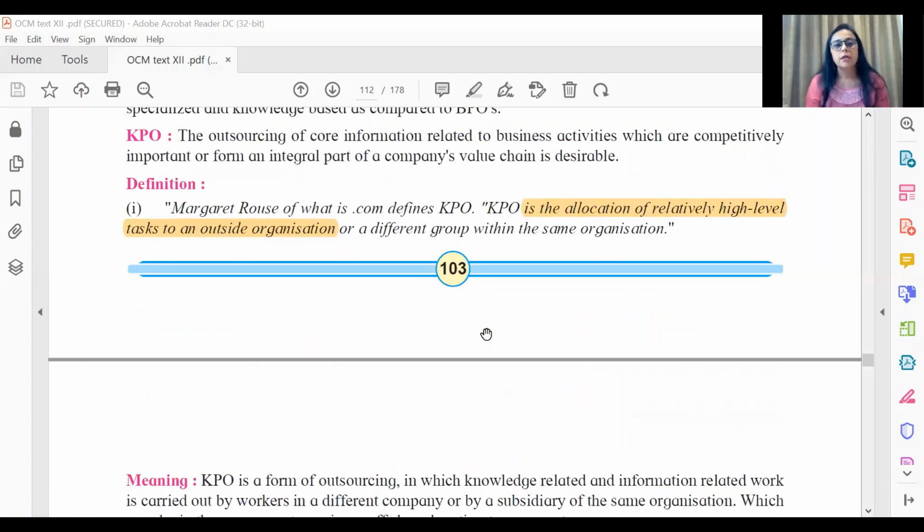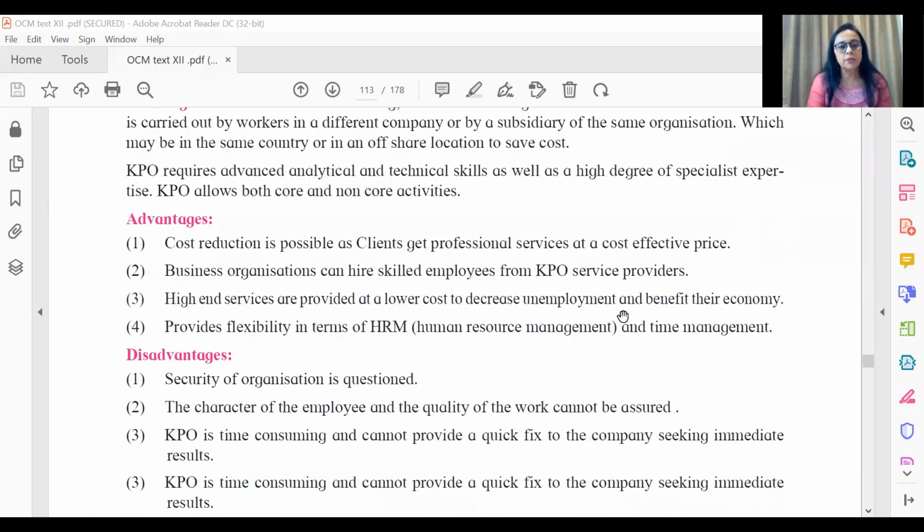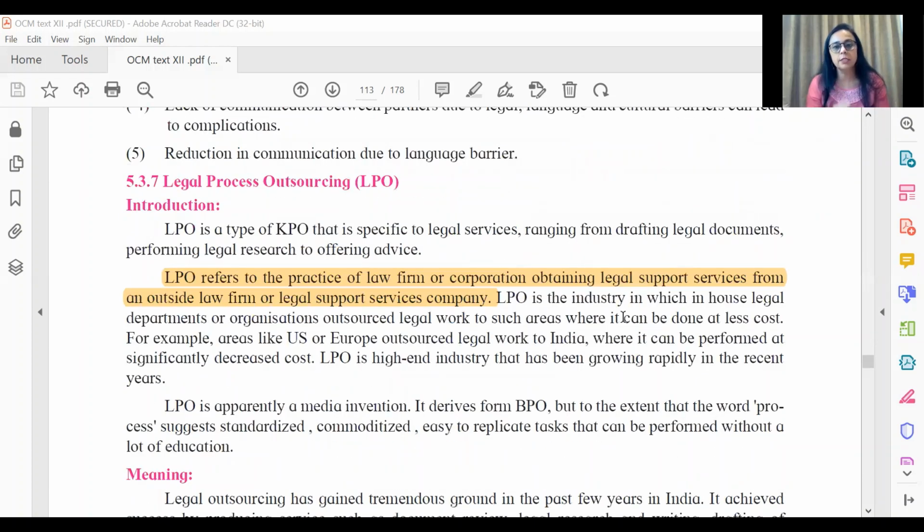Again, another definition: allocation of relatively high-level tasks. So it's not the peripheral tasks, remember, this is for the more important tasks, and that is why it is called knowledge process outsourcing. The third that we have in this list, again, please mark the highlighted sentence for your objective.